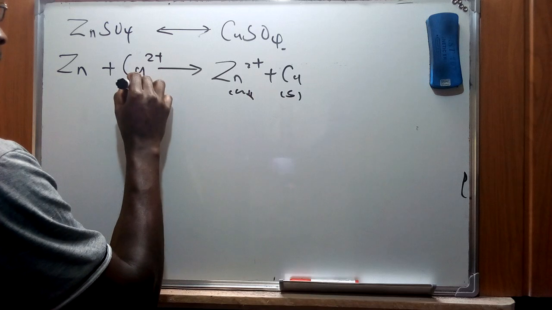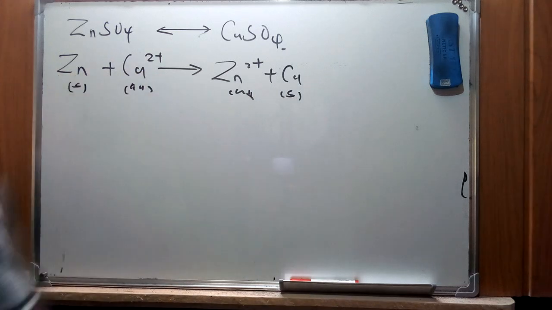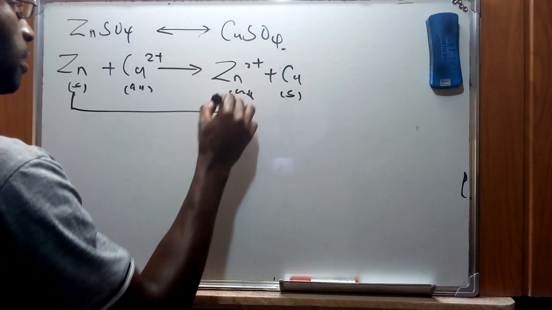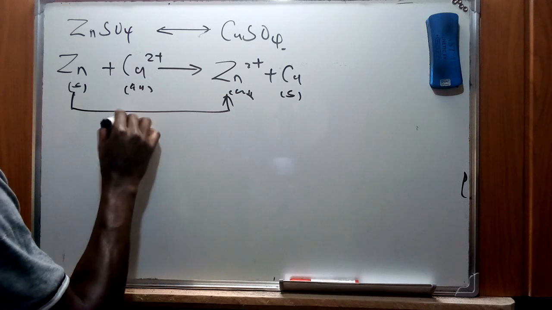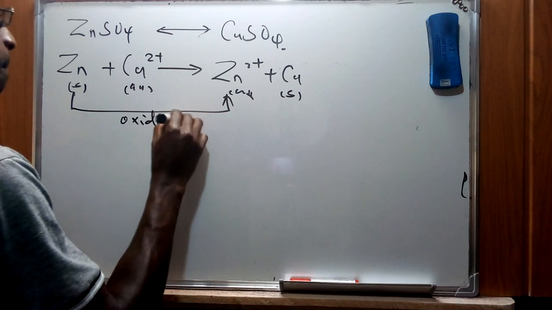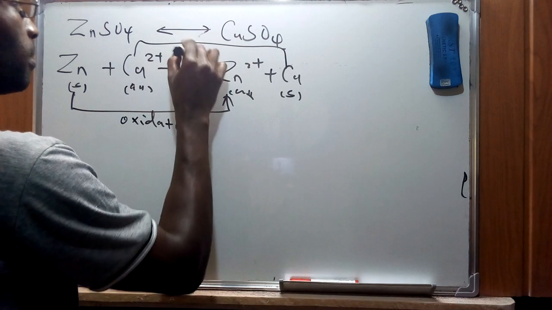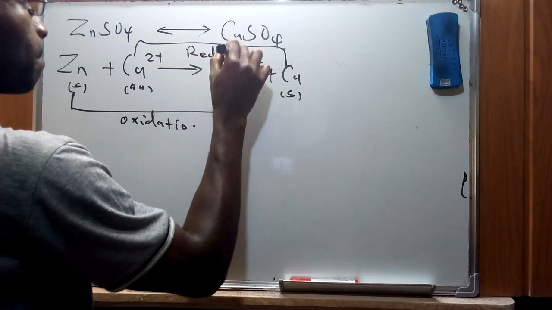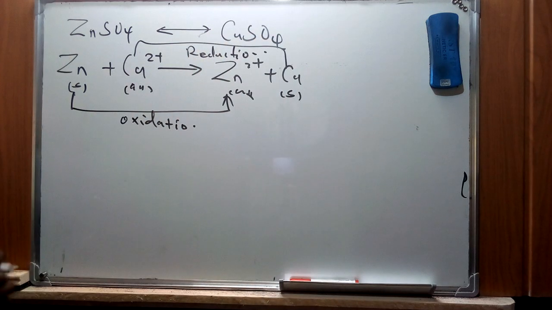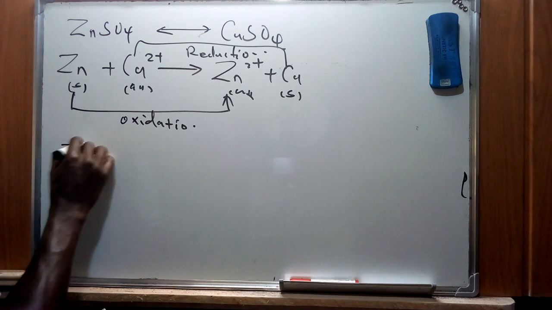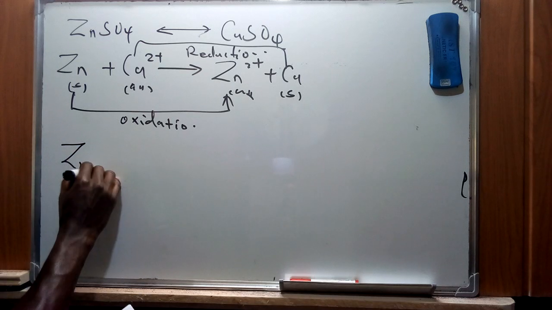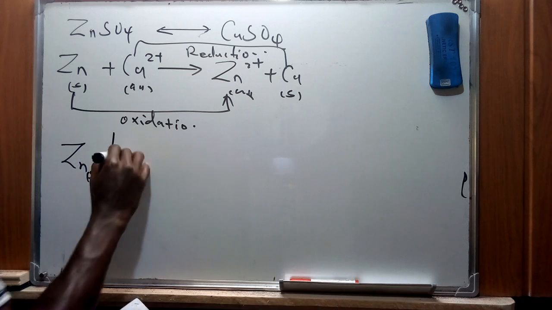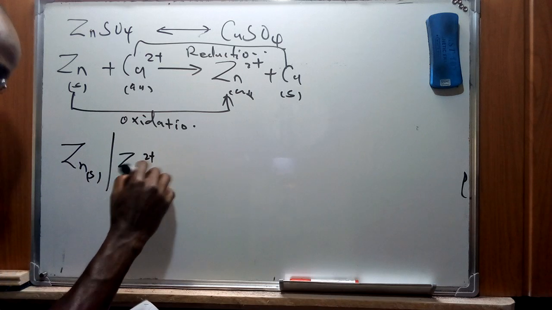This is aqueous. And we have said that this process that is forming the zinc ions, this is going to be oxidation, and the copper ions, this is going to be reduction. And therefore this redox reaction can be represented in the form of a cell notation, which we have said can be written as the zinc is undergoing oxidation to form zinc ions.